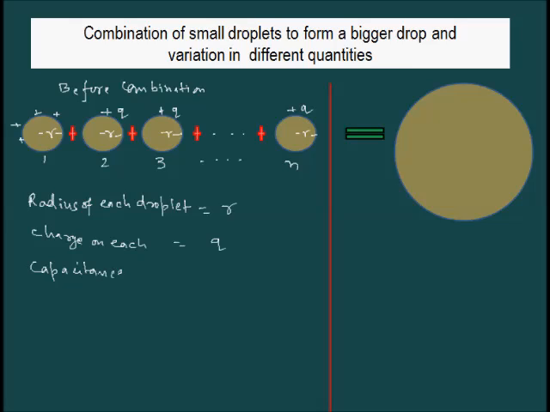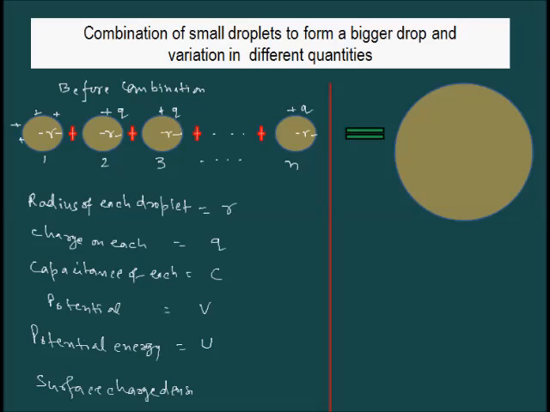The capacitance of each droplet is let C. The potential of each droplet is let V, the potential energy of each droplet is let U, and the surface charge density is sigma. These are the parameters of each droplet.